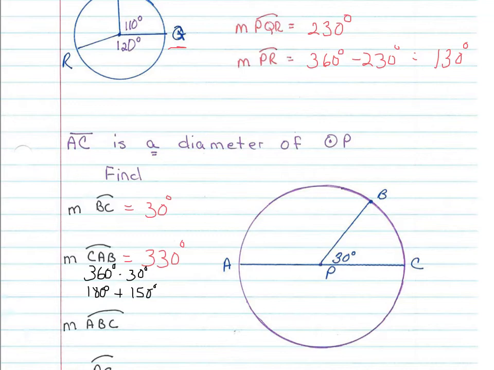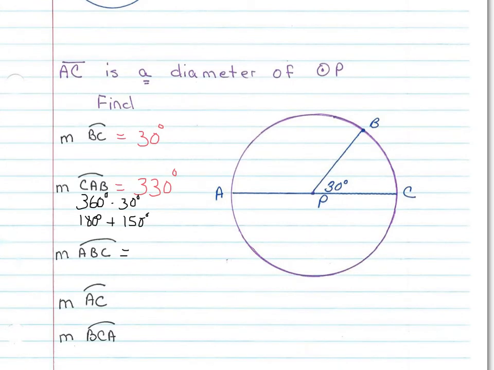What is the measure of arc ABC, Paige? Measure of arc ABC, 180 degrees. What is the measure of arc AC, Kat? 180 degrees. So the difference here is if we're saying just arc AC, we're going this way.